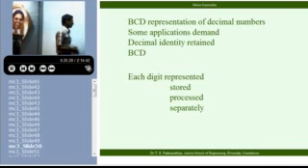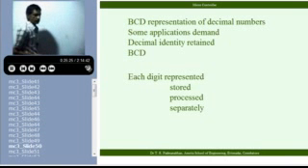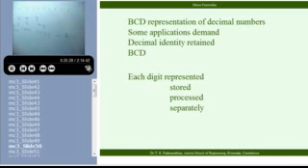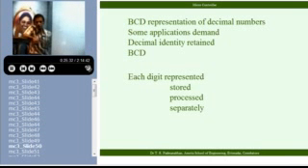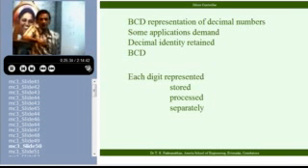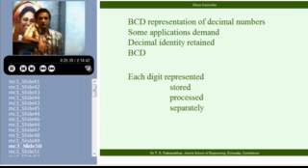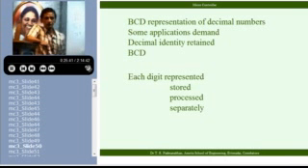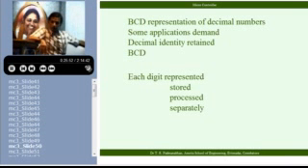It is called a binary coded decimal, a BCD. Every decimal digit has a separate identity in the form of a binary number. It is a decimal number coded in binary form, but that number you have to treat separately.